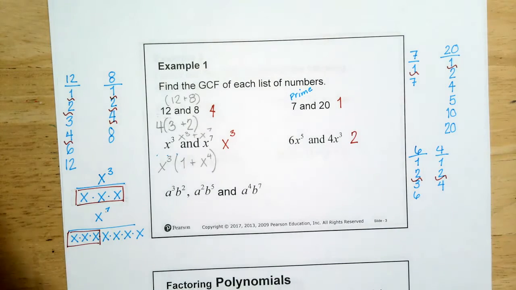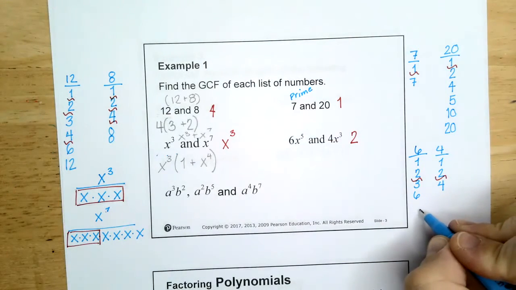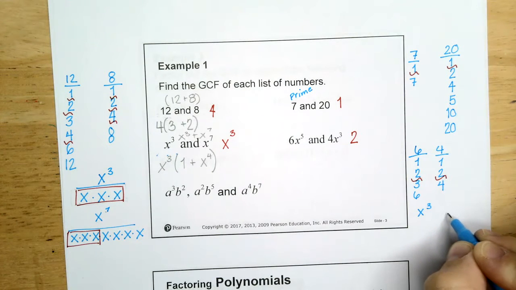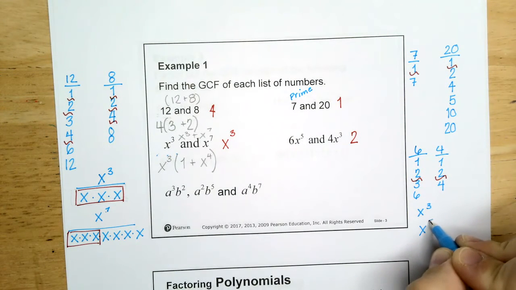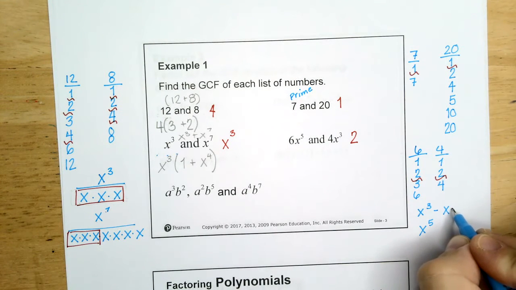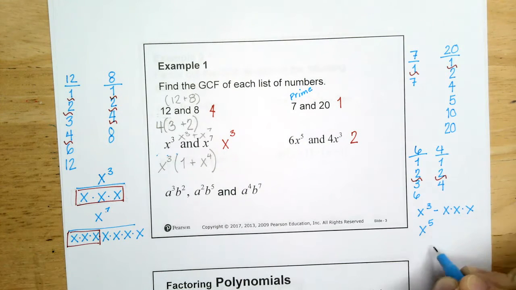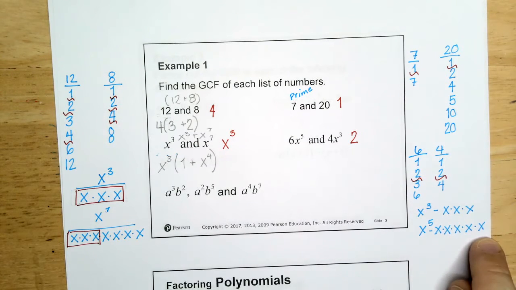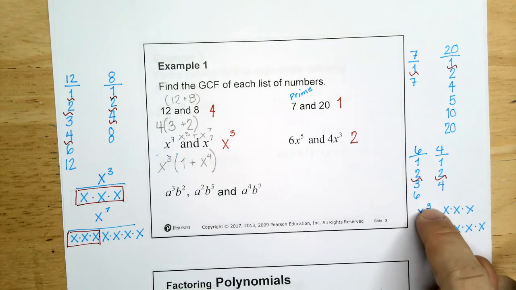Okay, x to the third and x to the fifth. So that's 3 x's. That's 5 x's. But what you can really just look at is 3 and 5.